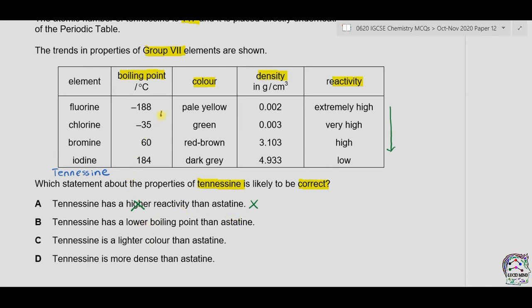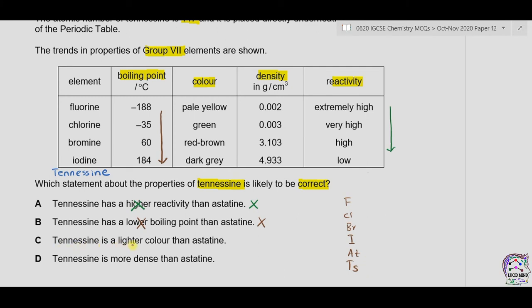As we can see that the trend in boiling point is that it increases down the group. So therefore tennessine's boiling point will be higher than that of astatine. So B is incorrect. In group 7 we have fluorine, chlorine, bromine, iodine, astatine and then tennessine.